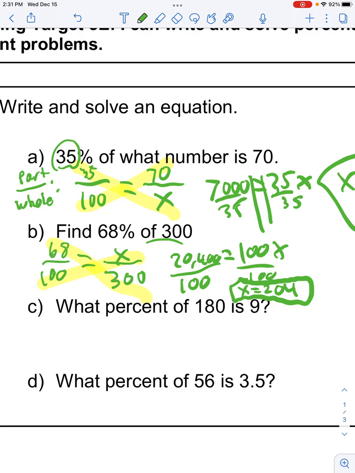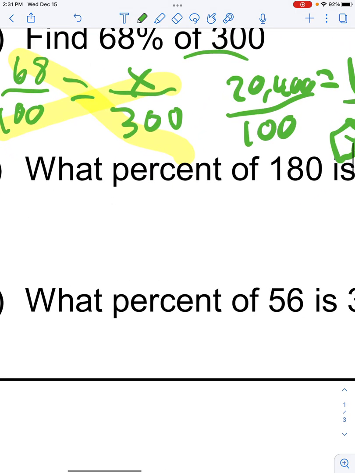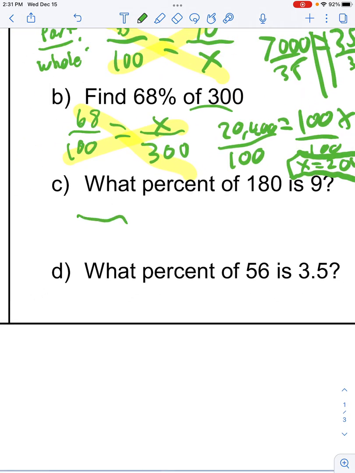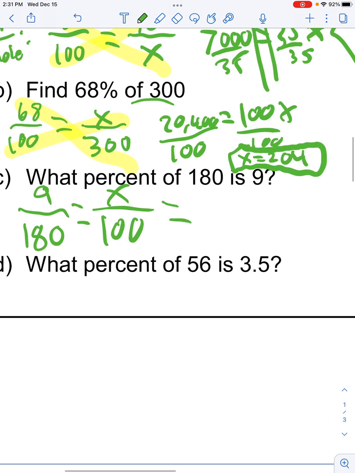What percentage of 180 is 9? So my total is 180, and I want to figure out what percent 9 is. So again, part over whole, 9 is the part, 180 is the whole. I don't know what this is, but I know that percents are always out of 100.